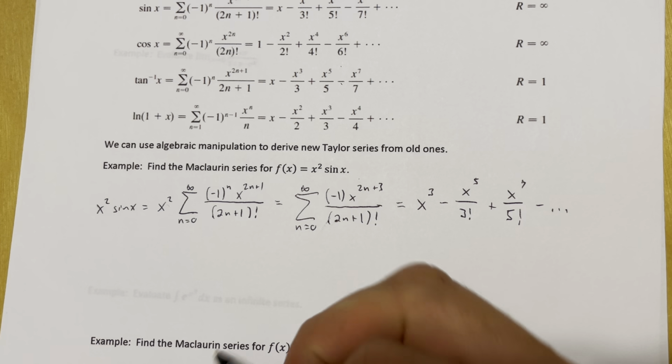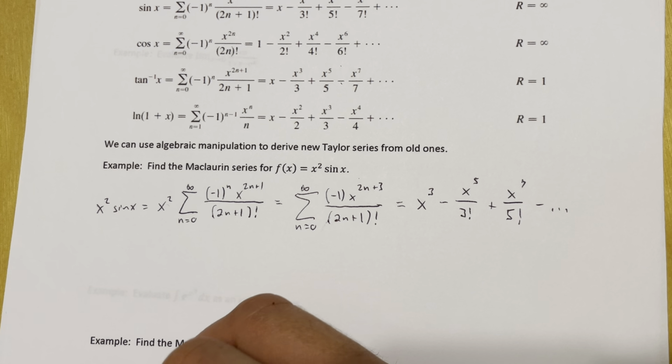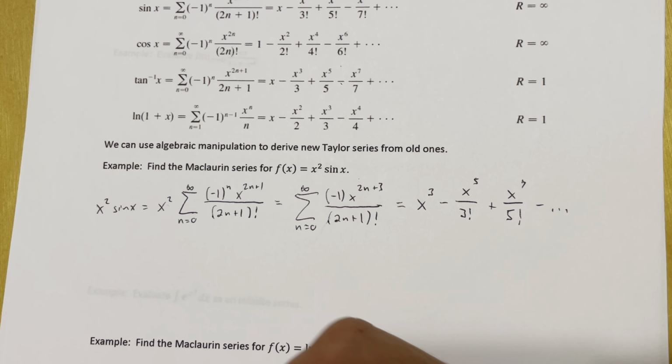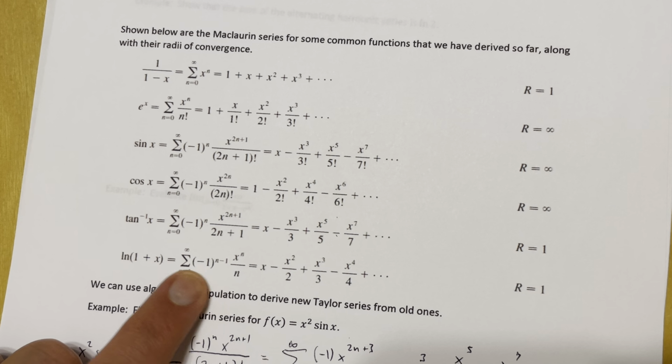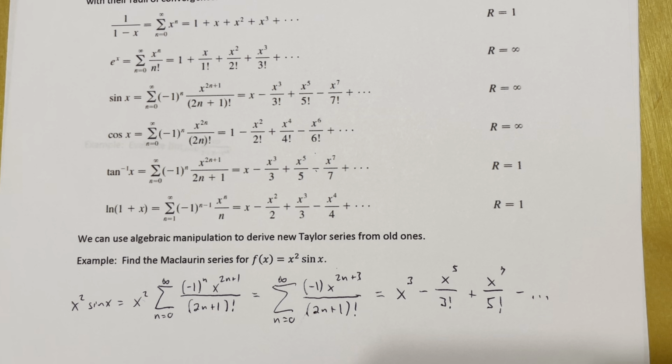Okay, so that tells me that the natural log of 1 plus 8x cubed is just equal to this power series, n equals 0 to infinity. The natural log of 1 plus x had this form to it, so it's an alternating series. Negative 1 to the n minus 1, or n plus 1 accomplishes the same thing.